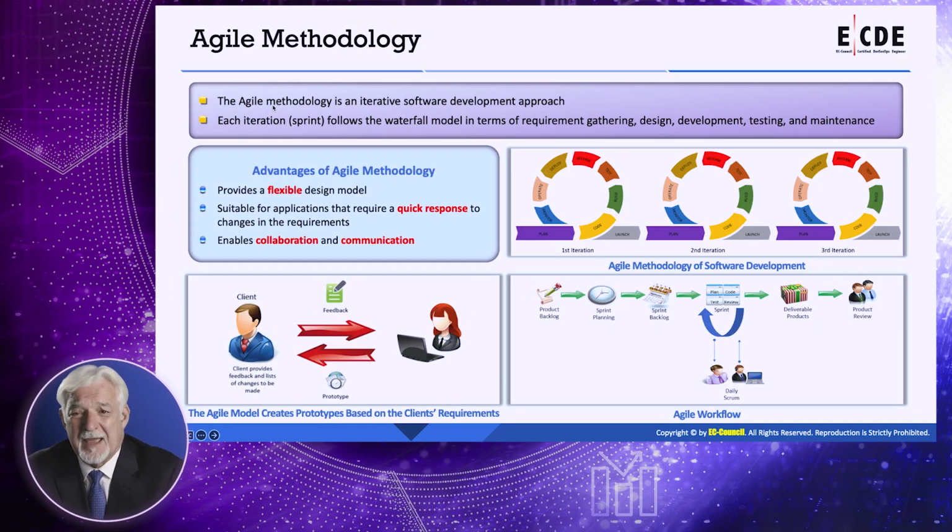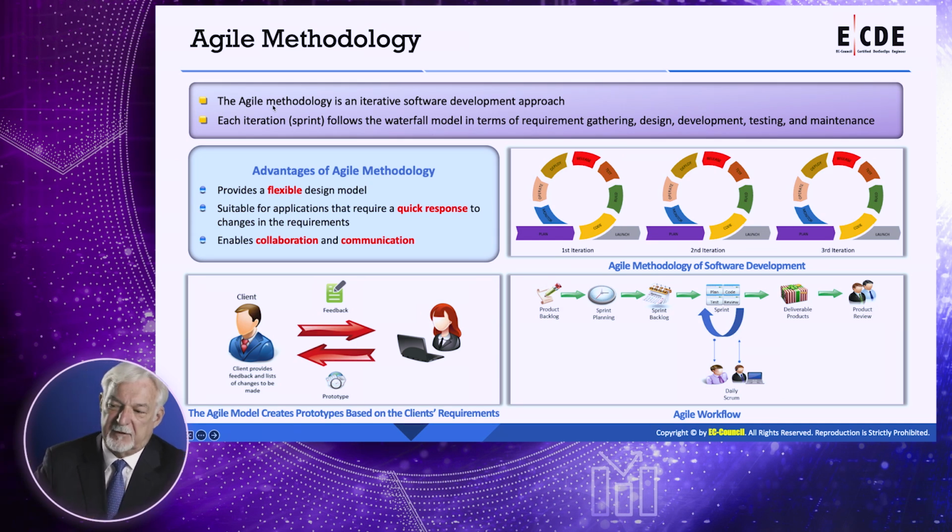Now in the Agile methodology, it's an iterative approach to development of software. Each iteration or sprint follows the waterfall model in terms of requirements gathering, the design, the development, testing, and maintenance. But we do this in kind of like this looping fashion. You have iterations that you run through. And so it helps to kind of clean up problems.